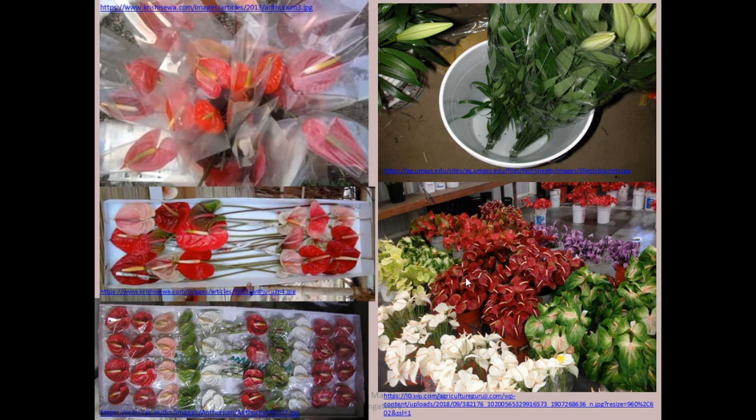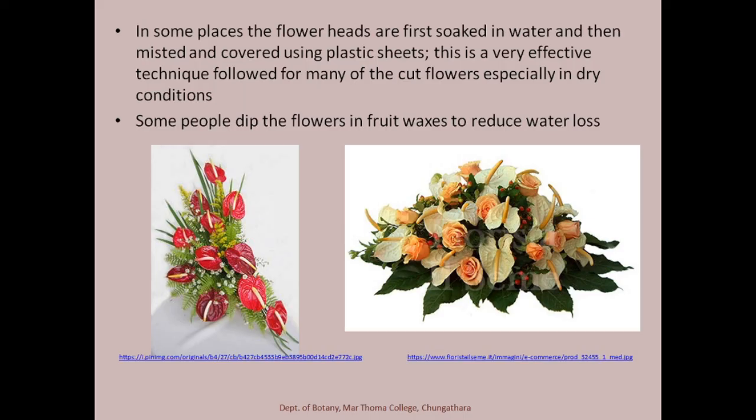So this is a flower industry where we can see that various varieties of anthurium are kept in antibiotic or sterilizing solutions so that infections are prevented, and after placing them in such solutions they are packed in polythene sheets and trays and marketed. So this is also a method of placing the cut ends of the plants in sterilizing solutions.